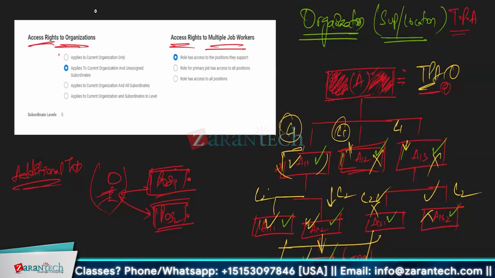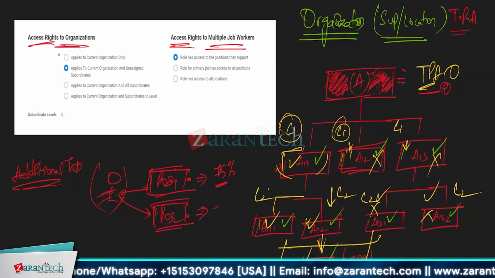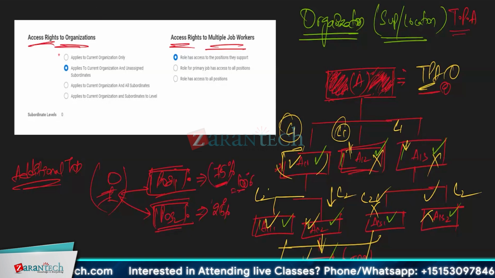So one employee might be taking care of two different responsibilities and be assigned two different positions. Maybe in one position he is assigned as a 75% FTE, and in the other he contributes around 25%. The total should always be 100%. So here 75% FTE, here 25% FTE. Position 1 and position 2.